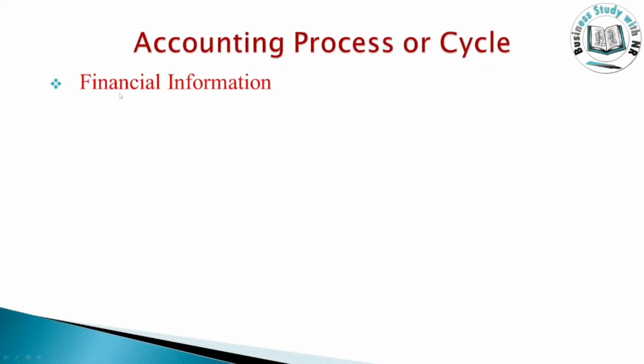The story in accounting starts with financial information. What is financial information? Financial information may be any transaction, event or condition. We will see it in detail next. So in the accounting process, first of all we identify whether the information is a transaction or not.